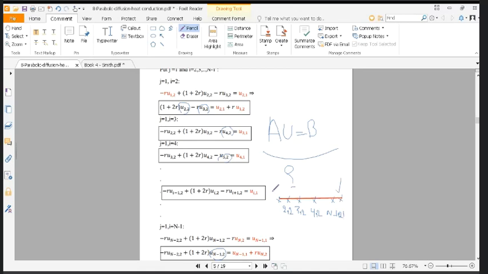Okay? You make the vector of unknowns and change these equations to AU equal B. I want from you the matrix presentation of these equations. I wait for your solution. Everybody, please solve this exercise.